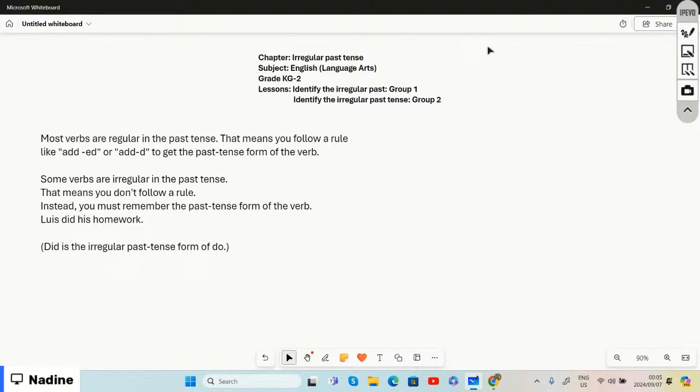The lessons that we are going to be focusing on under this chapter are to identify the irregular past tense in group 1, and then also to identify the irregular past tense in group 2, which we are going to continue.